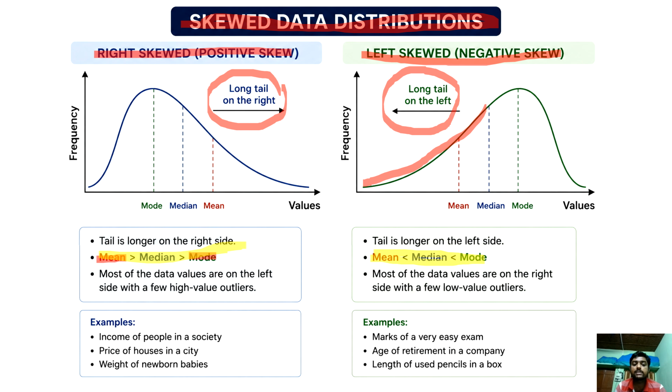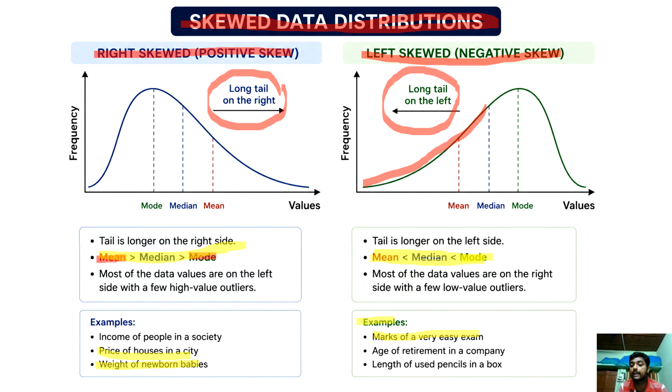An example of right skewed data: income of people in a society, price of houses in a city, weight of newborn babies are generally right skewed data. And in left skewed data: the marks of a very easy exam, where the numbers will always be high.